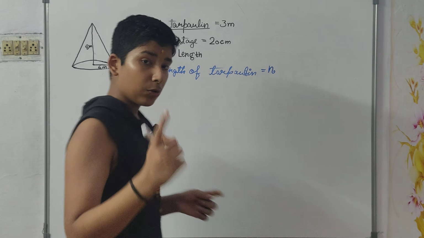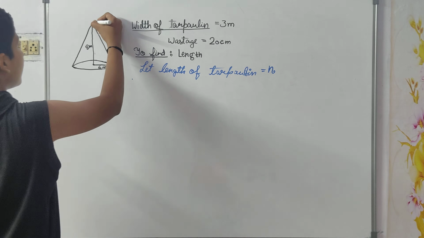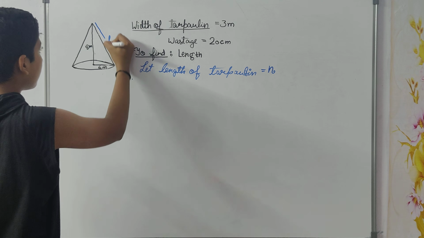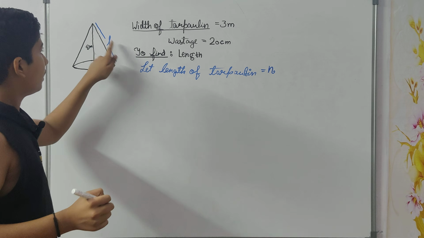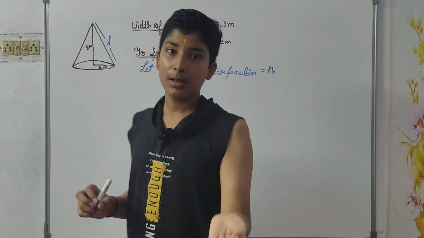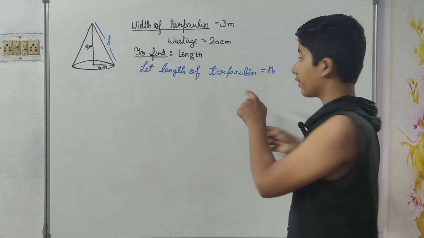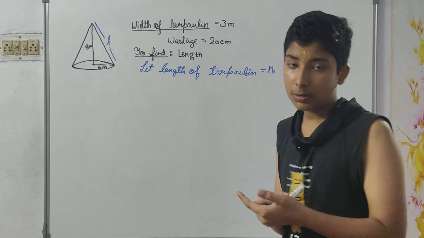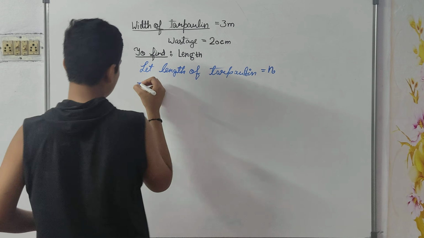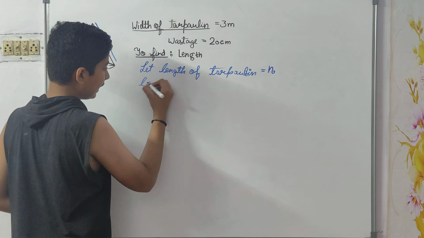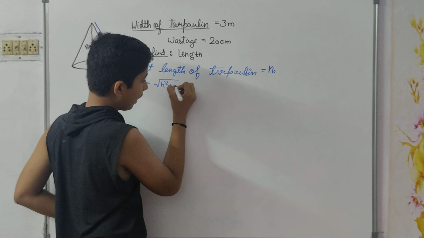Why have we used n instead of L? See, over here, slant height is represented by the symbol L. If we use the symbol L over here also, it is not possible, hence we are using n. So l equals root of h square plus r square.